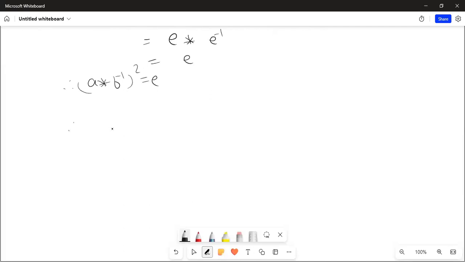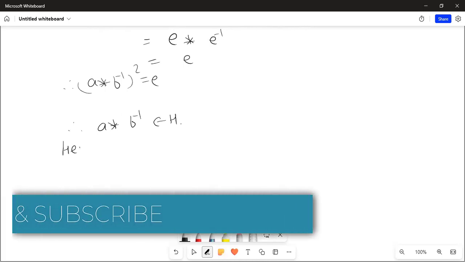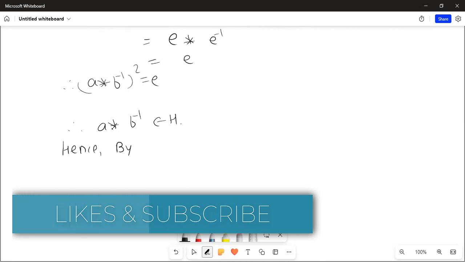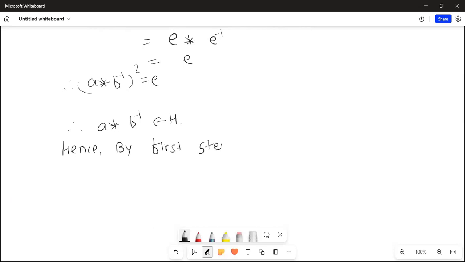And therefore A star B inverse belongs to H because identity element exists, and hence by the first step, यानी कि one step subgroup test, H is a subgroup of G.